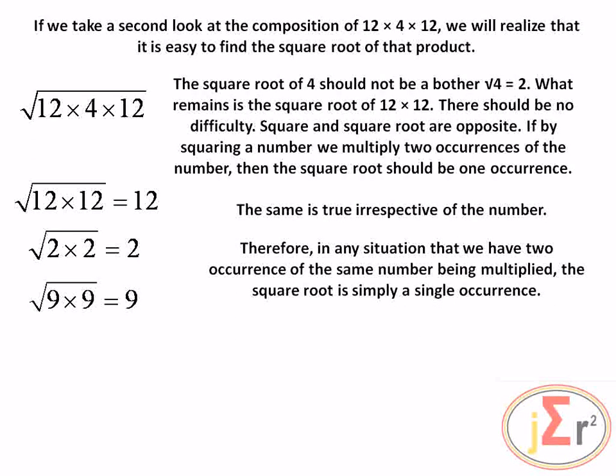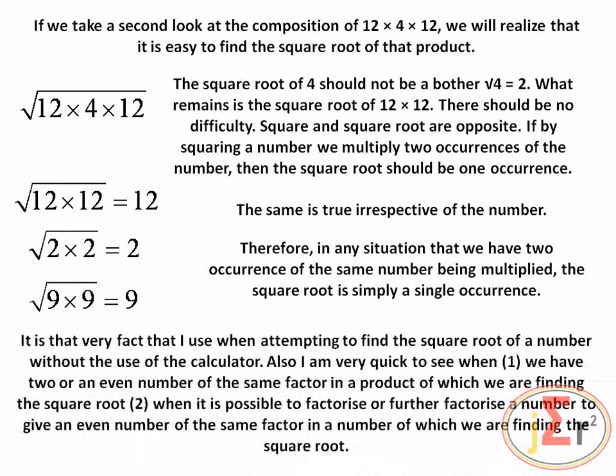Therefore, in any situation that we have 2 occurrences of the same number being multiplied, the square root is simply a single occurrence. So if we have 9 multiplied by 9, the square root of that is 9. If we have 8 multiplied by 8, the square root of that is 8.